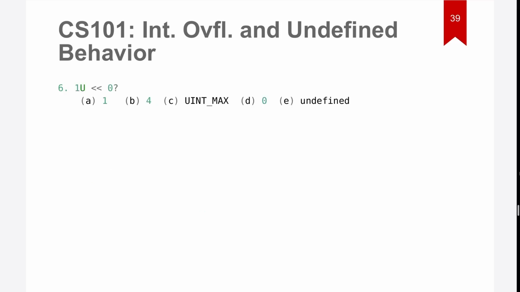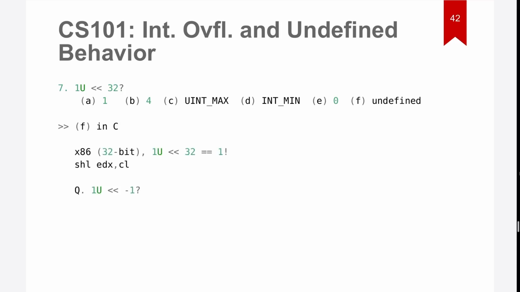Now we're getting to a shift operation. Unsigned 1 shifted to the left by 0 positions just remains 1. If we left shift by 32, that is actually undefined in C, so the standard does not define what that outcome is.